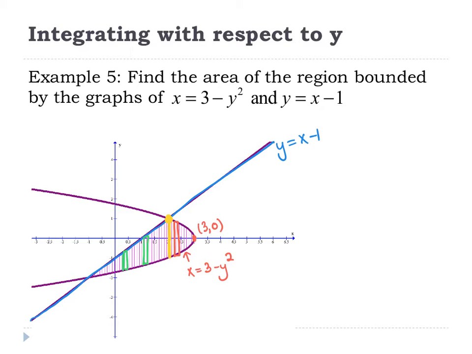But instead of doing this as two separate integrals with respect to x, we're going to do it as a single integral with respect to y. And the way we're going to do that is we are going to draw our representative rectangles perpendicular to the y-axis. Now you don't have to do an actual rectangle. Again, we're using the limit definition of the integral as a way to conceptualize what's going on, but we're not actually doing the limit definition.